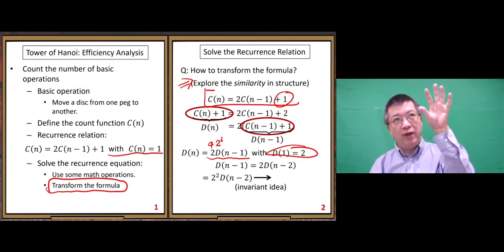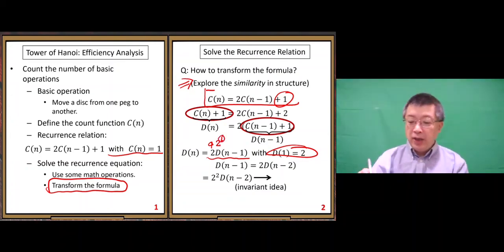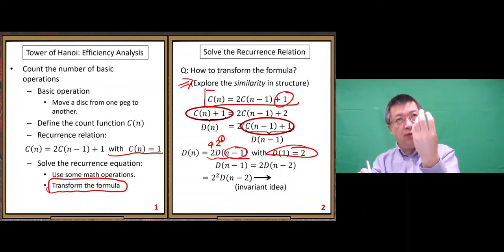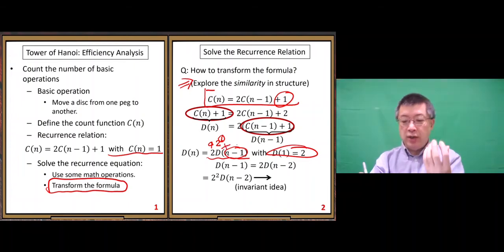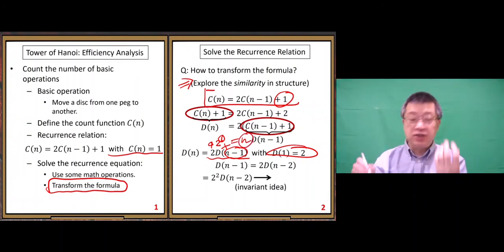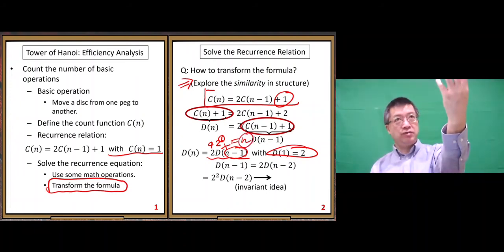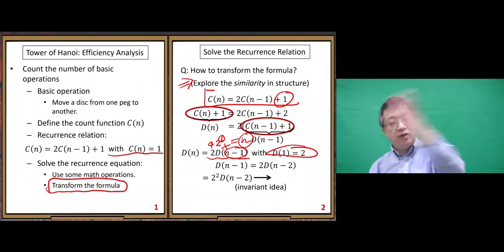The exponent is 1. Take that exponent number, then add the current problem size, n minus 1: 1 plus n minus 1 equals n. So we treat that n as the invariant. During the intermediate steps, it never changes.